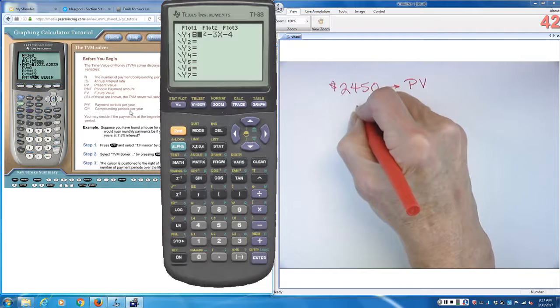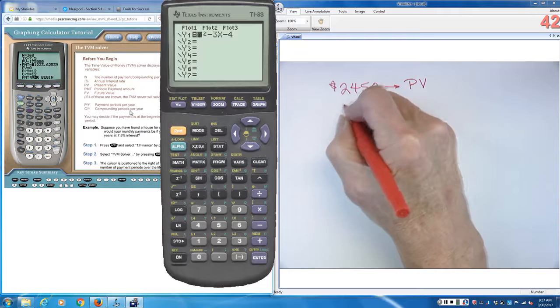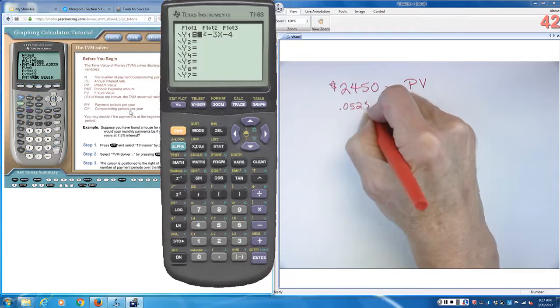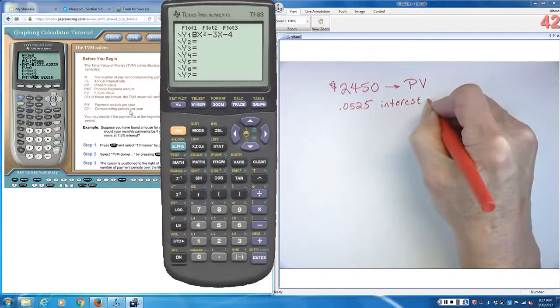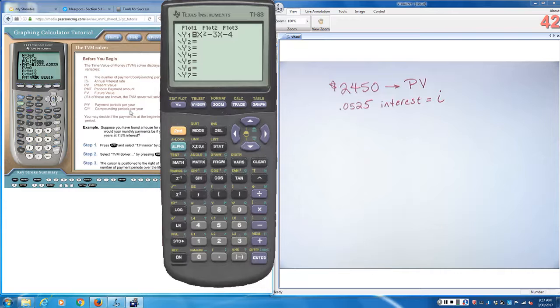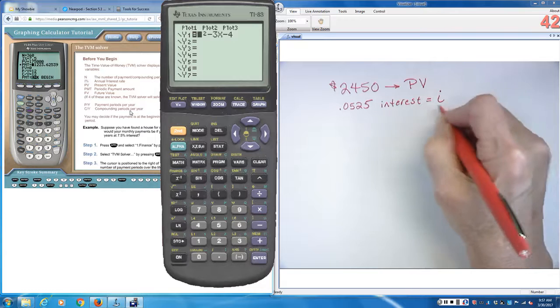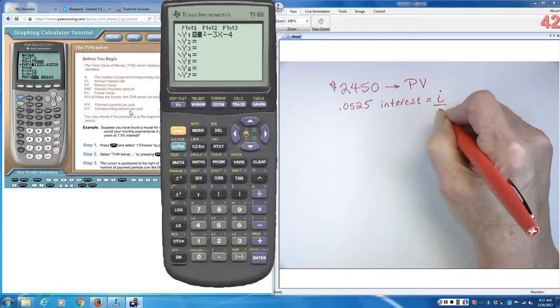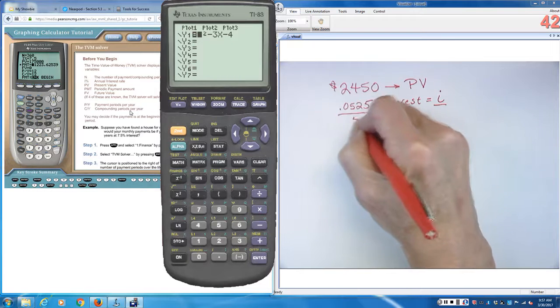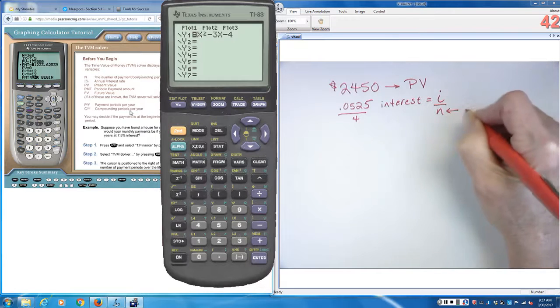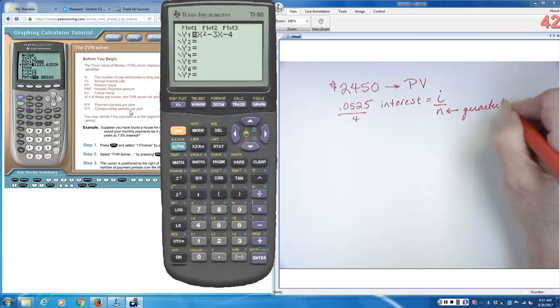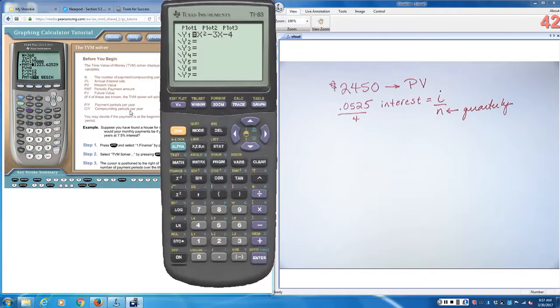And your interest rate is 5.25, so 0.0525. But it's compounded quarterly, so you're going to divide it by 4. Until it reaches at least $10,000.